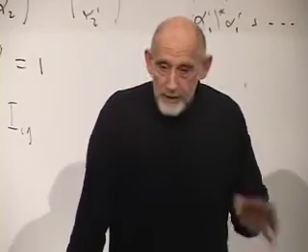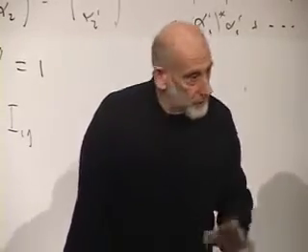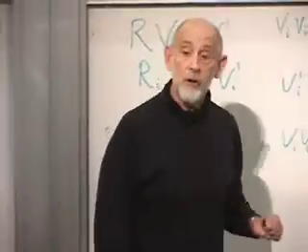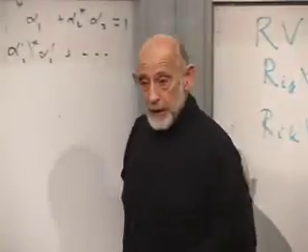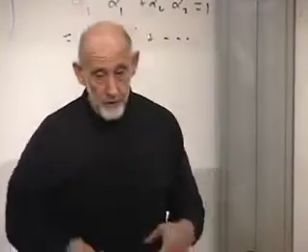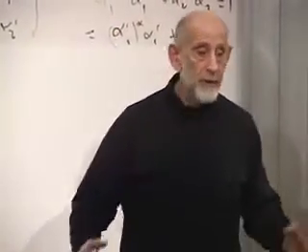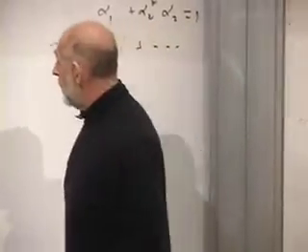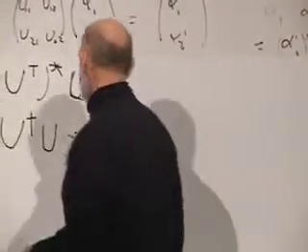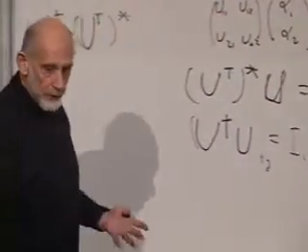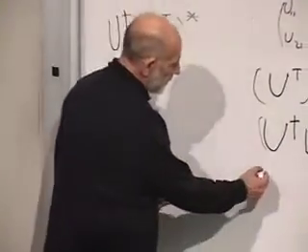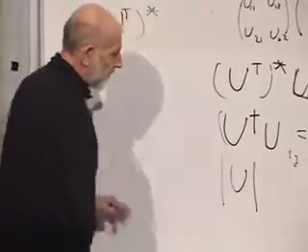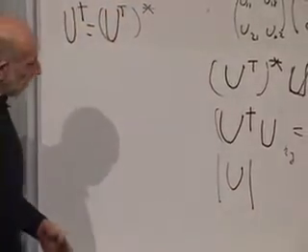Setting the determinant equal to 1 does not destroy the group property simply because, first of all, the unit operator has determinant 1, and since the product of determinants is the determinant of the product, there still is a product structure to the group. So one additional equation that one can impose without destroying the group property, let's just write it as determinant of U, determinant I'll indicate by a pair of brackets like that, is equal to 1.